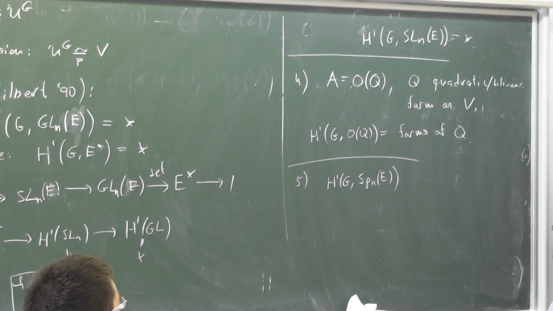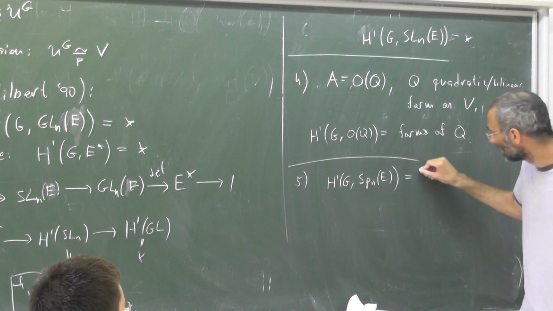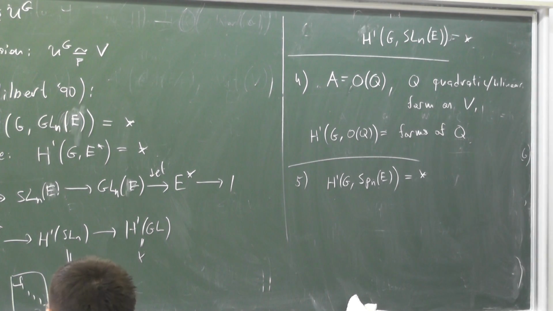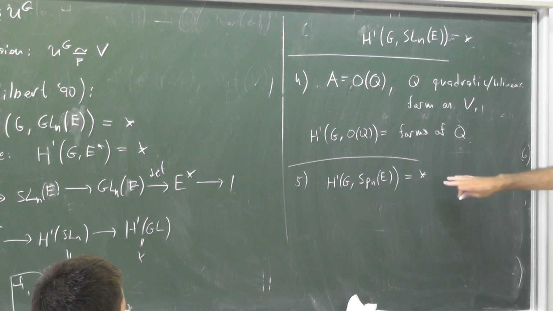I'm not sure what the name of it is, Sylvester's law of inertia? Sylvester theorem, right? Saying exactly this: all forms are the same. I will not prove it, but this is a standard exercise in linear algebra.